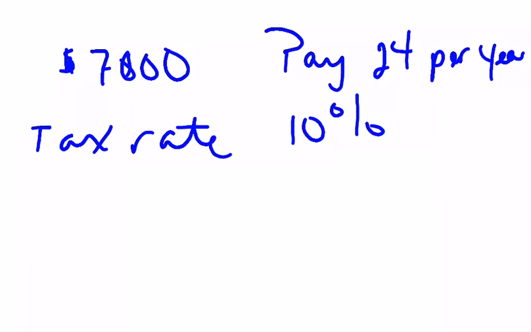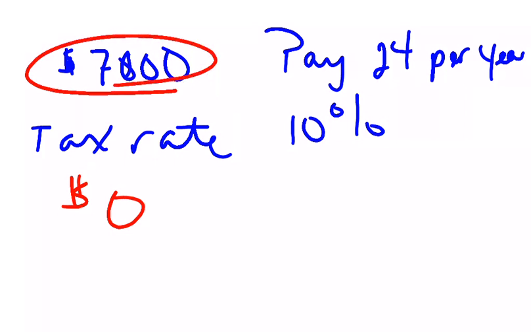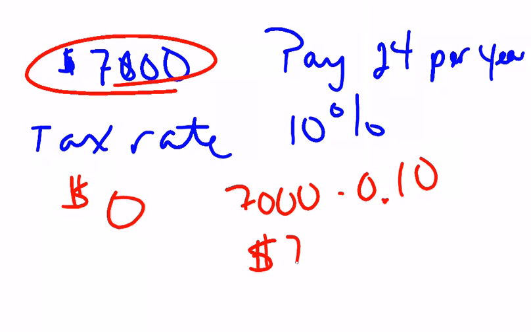So that's his tax rate. Now enter the base amount. Well, because we're at the start, there is no base amount, so the base amount is $0. Enter the amount of tax owed. So that means we need to take his taxable income, $7,000, and multiply it by 10% as a decimal. And so his amount of tax owed is $700.